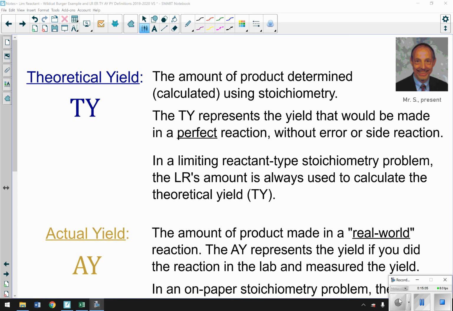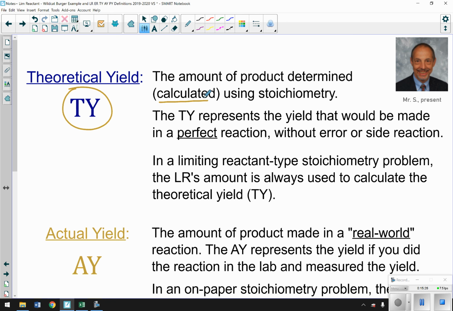All right, this term we're familiar with, but I just want to give you a formal definition of it. The theoretical yield, or the TY, we've talked about this before. It is the amount of product determined using stoichiometry, and we determine that with our stoichiometry calculation.